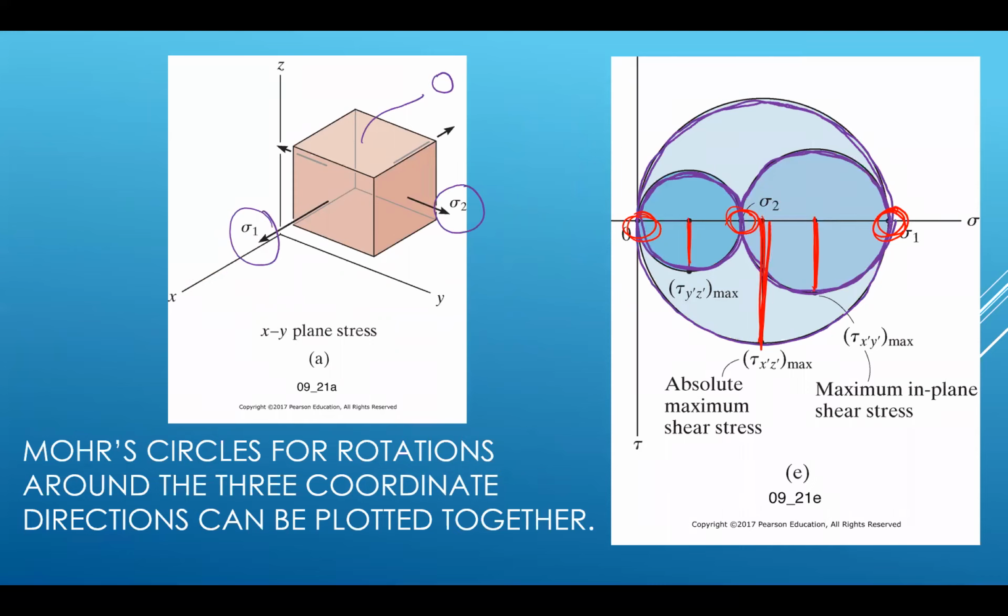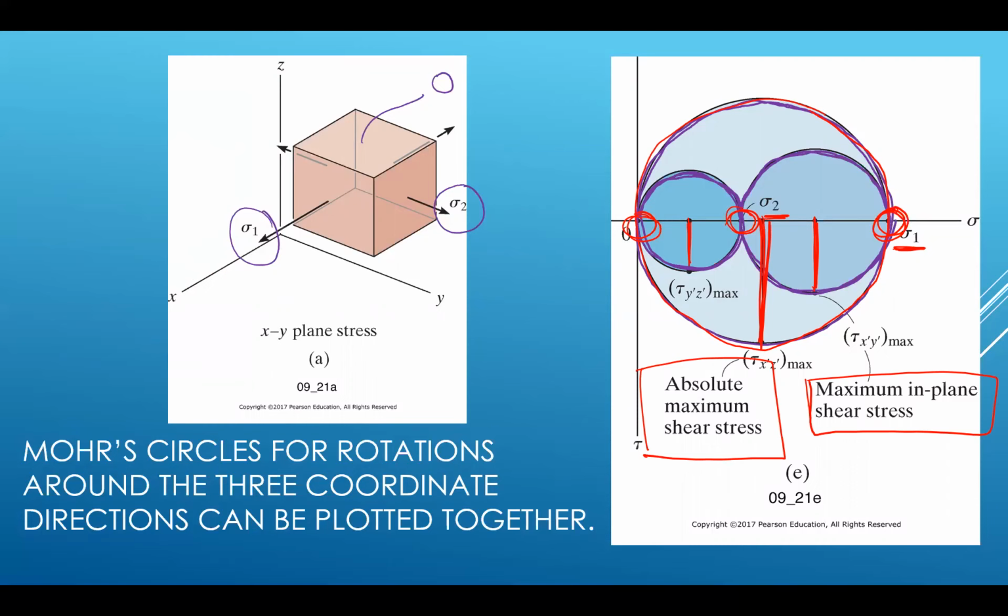The in-plane maximum shear stress is always going to be based on the circle that contains sigma 1 and sigma 2. Whereas the absolute maximum shear stress is based on the larger of the two circles. And sometimes these represent the same circle, in which case the maximum in-plane is the absolute maximum shear stress. But that's not always the case.